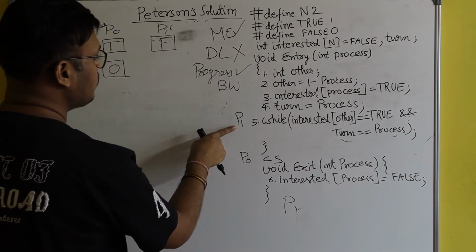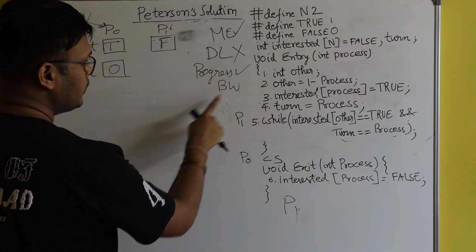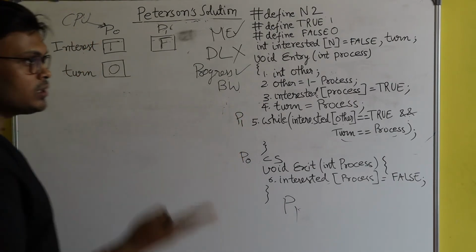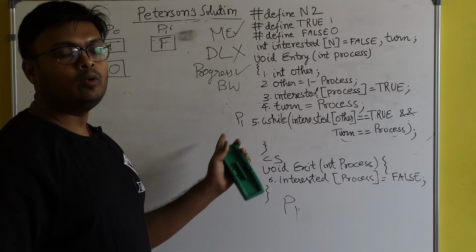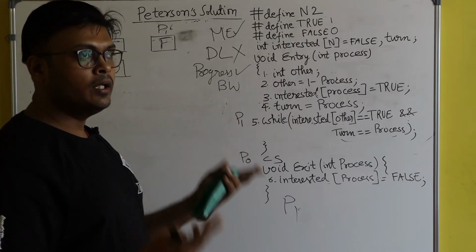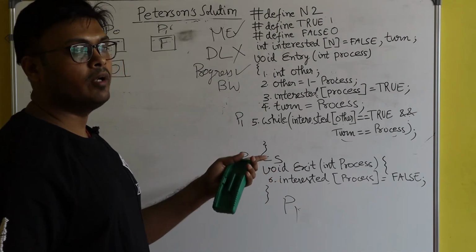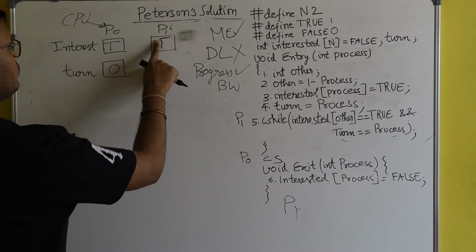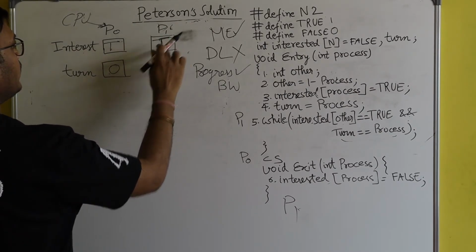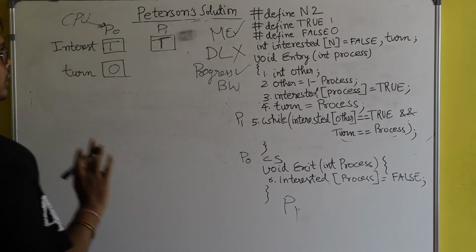And since process P1 is trapped in the while loop, it definitely must have tried to enter the critical section, when the interest of process P1 is also true. So here the interest of process P1 is true.